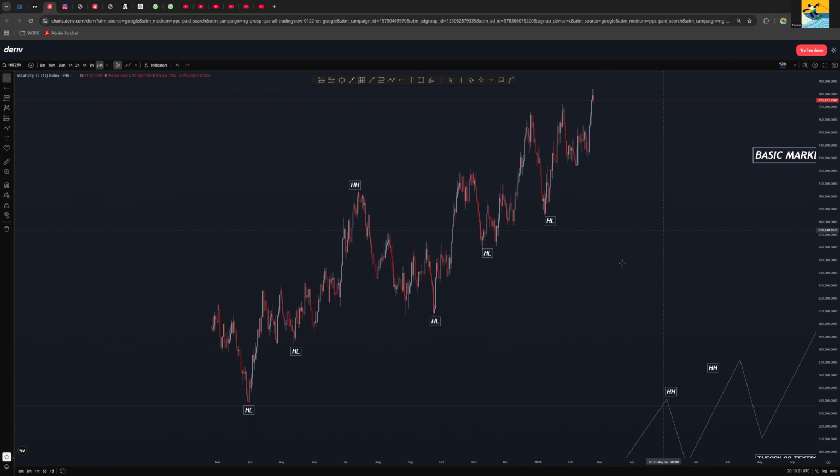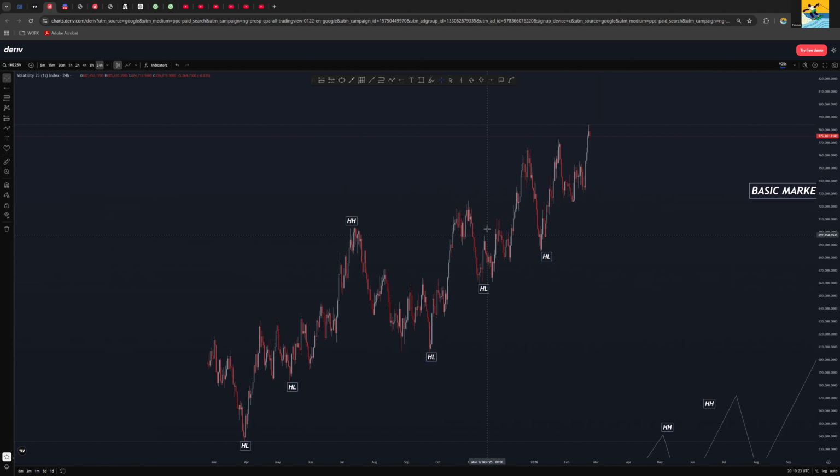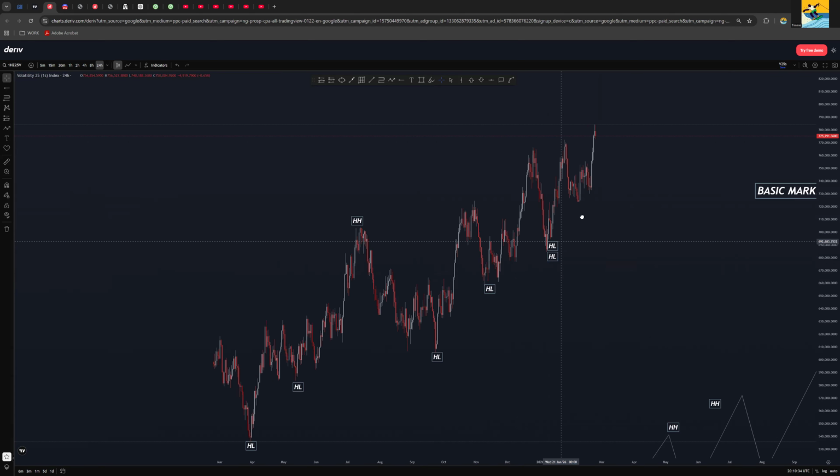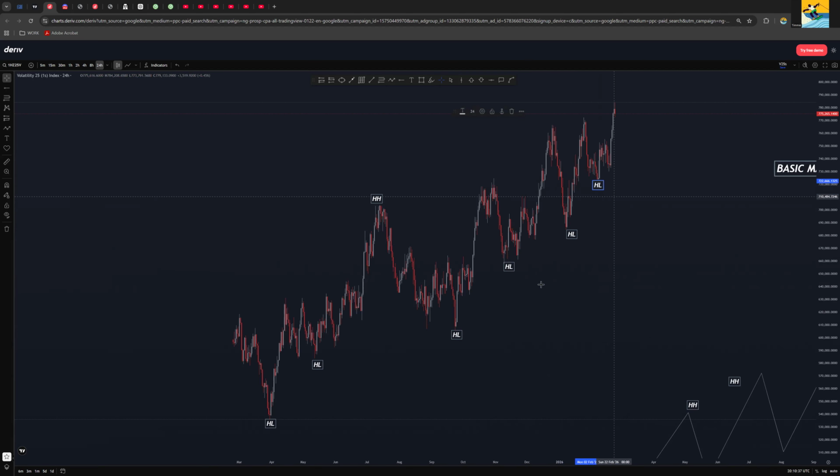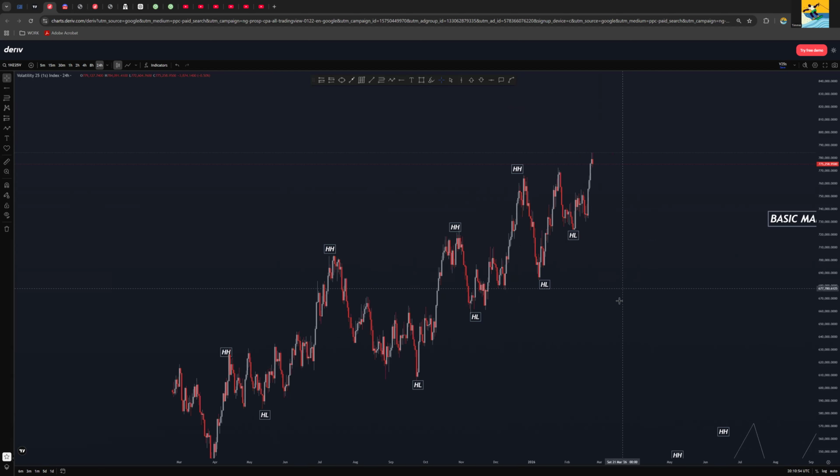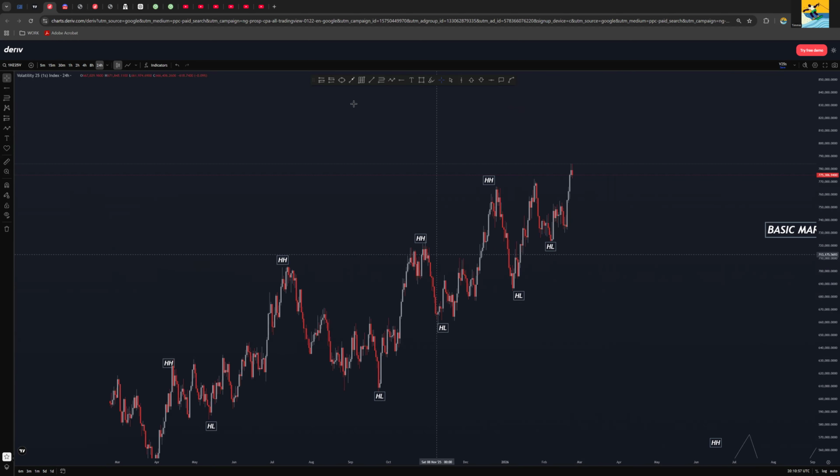Higher low. And we have the latest higher low. So here we have what? Our higher highs. We have our higher highs. So this is everything you need to know about market structure.